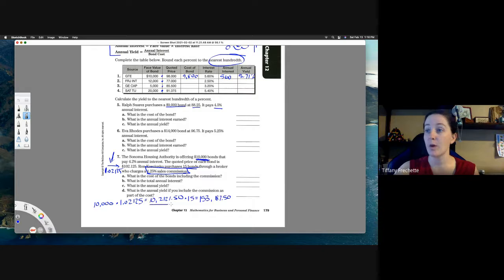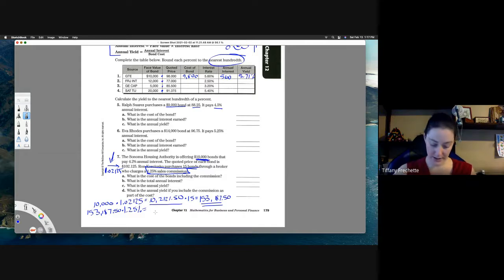So remember, this is one. This is 15. So we need to take that price and multiply by his commission rate, right? So that we know how much did he have to pay for commission. So this will give us his commission, and we need to add that back to the purchase price here, because that's the total price. How much did it cost total?